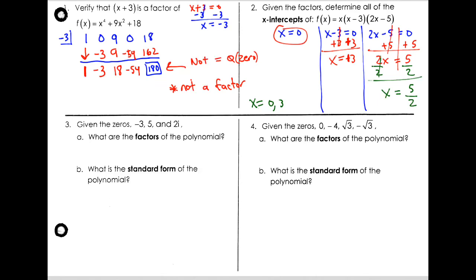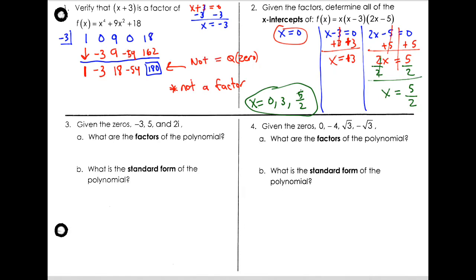So we'd have 3 down here. Let's try that again. So 0, 3, and 5 over 2. And we're done. Those are your x-intercepts.